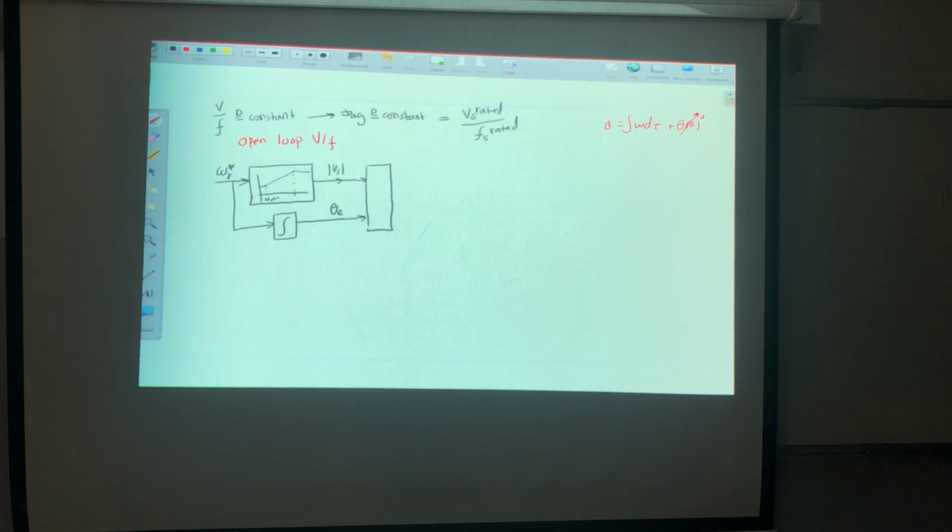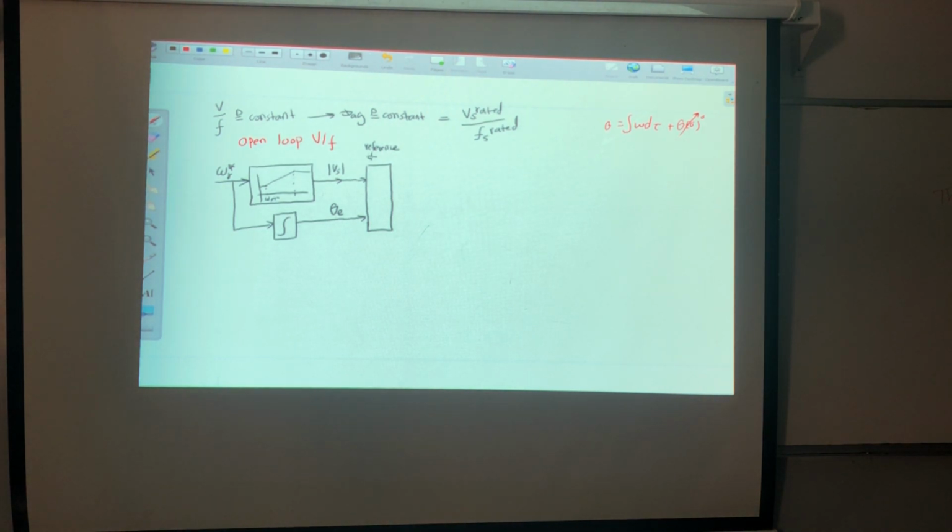Okay. So here I will build the reference. Let's see, can I do it? Yes, sir? Yeah. So here is the reference generation.